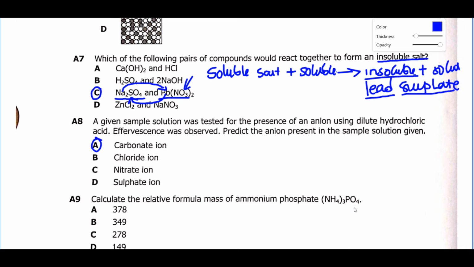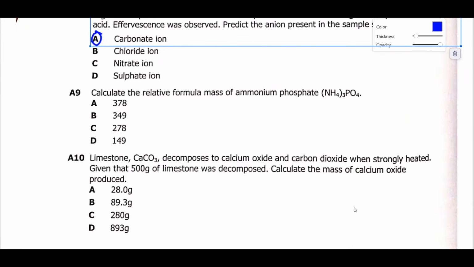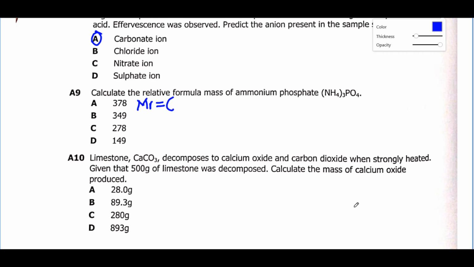Then question 9 is all about calculating the relative formula mass of ammonium phosphate. So we are going to say Mr is equal to, so whenever you have a subscript like this number 3 on the outside of a given parenthesis, this number must multiply everything inside.